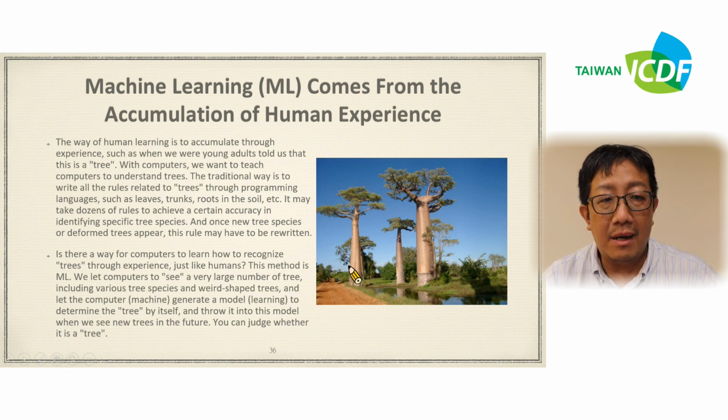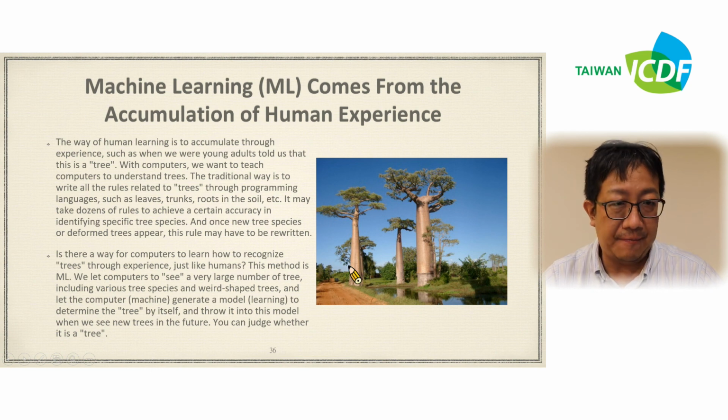It may take dozens of rules to achieve a certain accuracy in identifying a specific tree species. And when a new tree species or a deformed tree appears, the rules may not be effective, and the rules have to be rewritten.